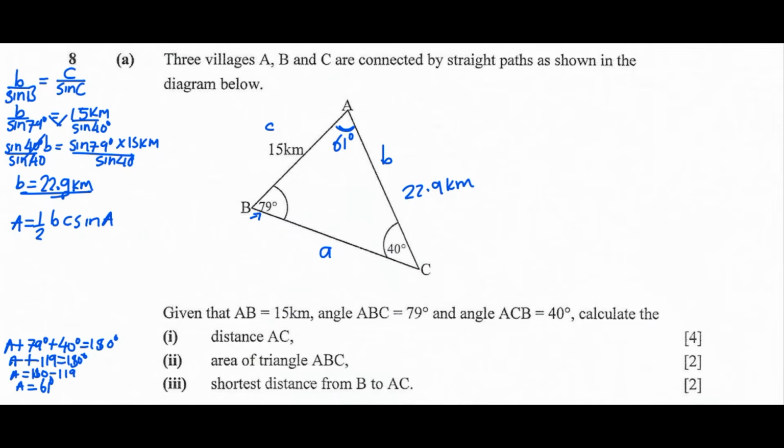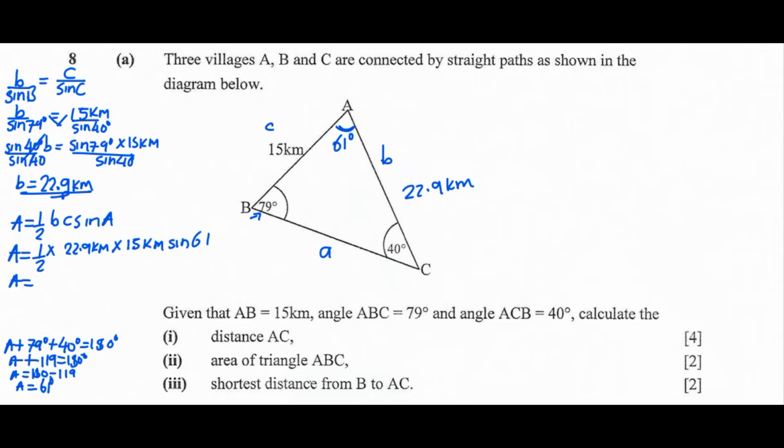Now since we have our angle 61, this is the angle that we are going to use. So our calculation will be area is equal to half times the distance for B, which is 22.9 kilometers, times C, 15 kilometers, sine the angle which is A, 61. So let's do the math.